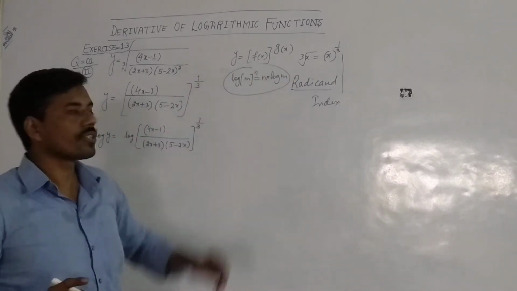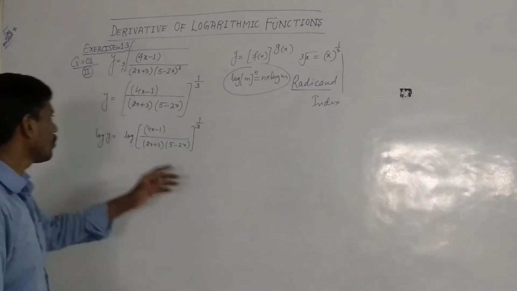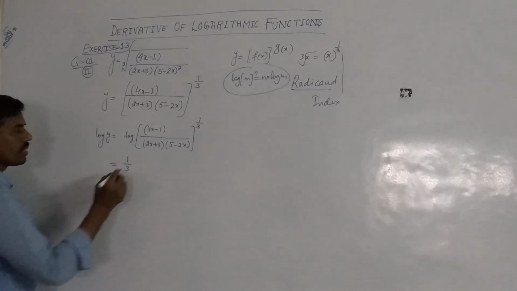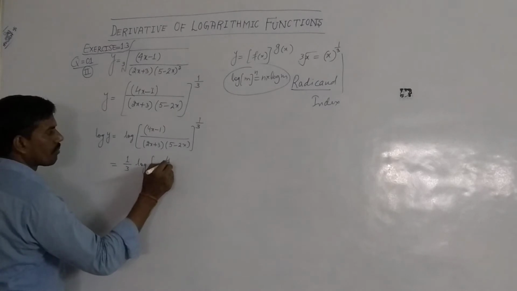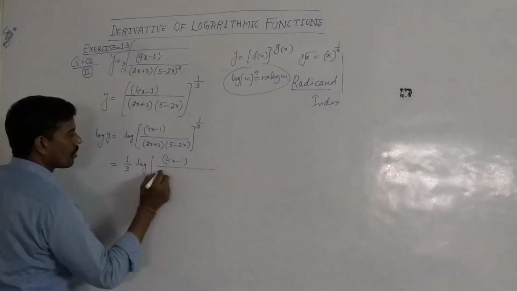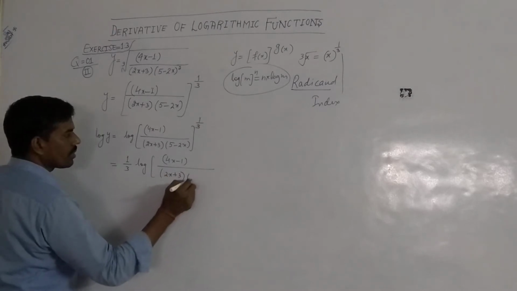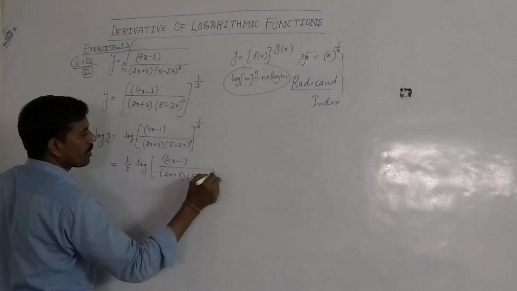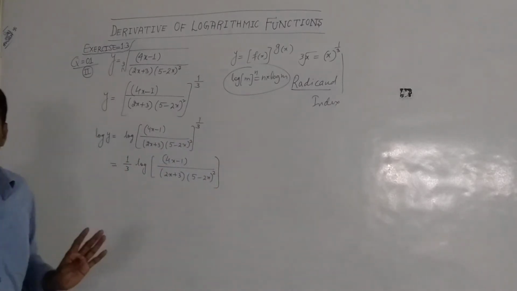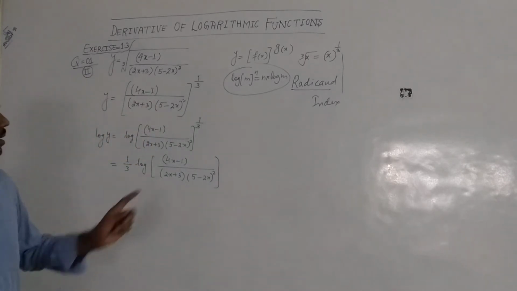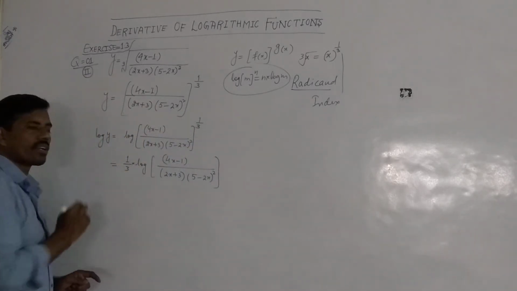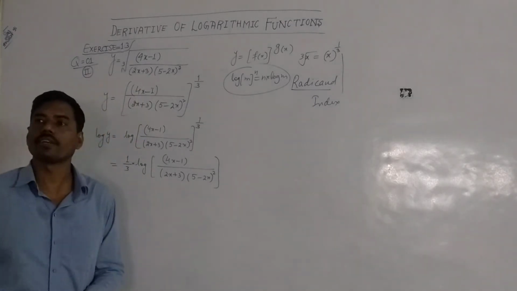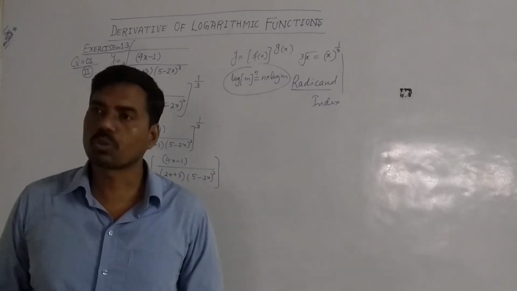So this one is equal to, n means 1 by 3, into log of 4x minus 1 whole divided by 2x plus 3 into 5 minus 2x squared. Clear हो गया? Any problem? N means 1 by 3 is multiplied by log of 4x minus 1 divided by 2x plus 3 into 5 minus 2x to the power 2.